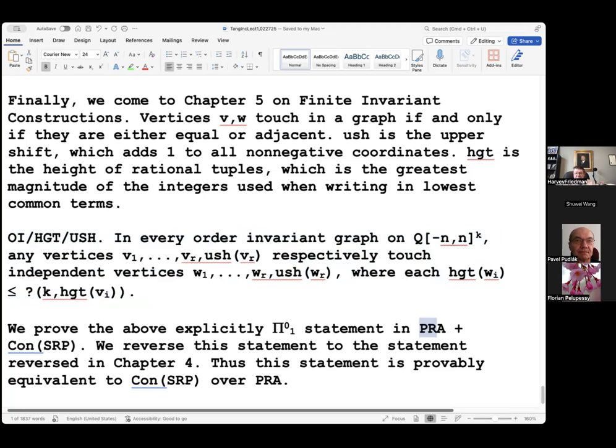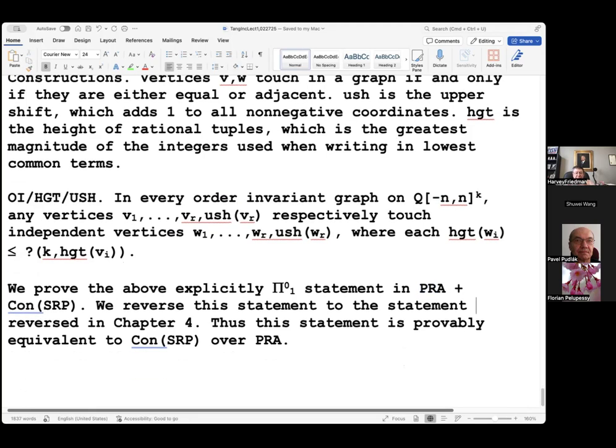And PRA is primitive recursive arithmetic. Actually, it's probably true that you could use the FA, but I think that takes some extra work because I'm passing through the reversal. If you remember, the reversal used RCA naught. It was better than using WKL naught, but it could use RCA naught, and RCA naught is conservative over PRA. So that's how the PRA comes in, although probably one could do better.